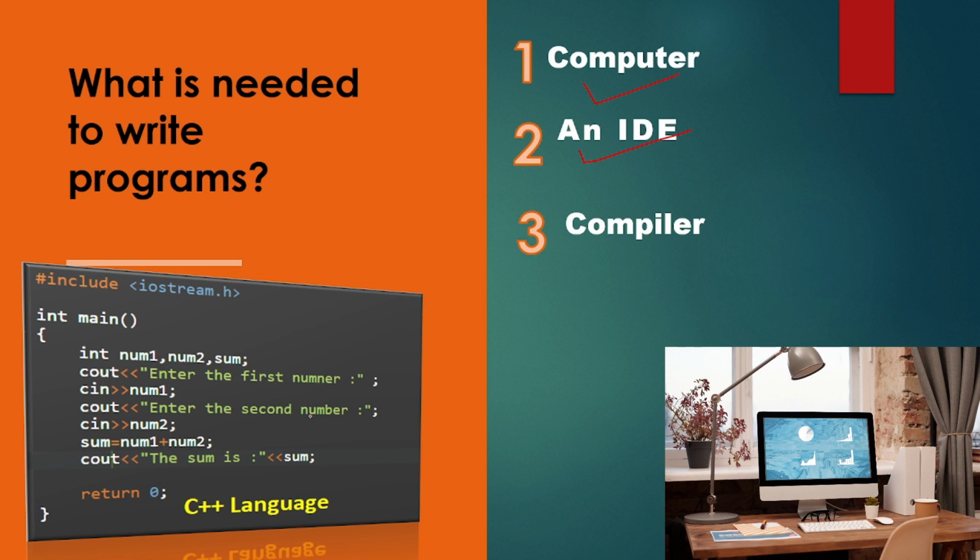There are many IDEs available online these days as well, which you can use to write your programs. And then there is the compiler, which is very important, as we talked about. It is required to translate your English-like statements into machine code.